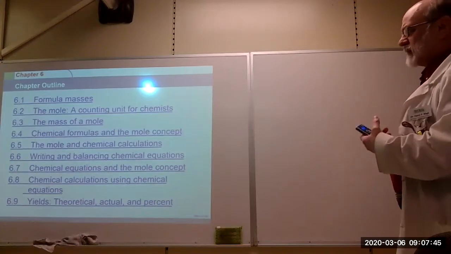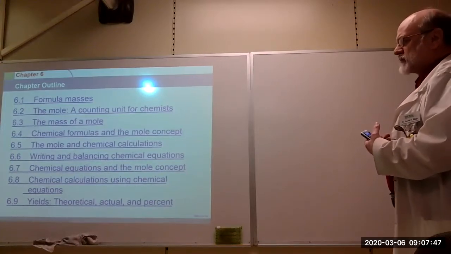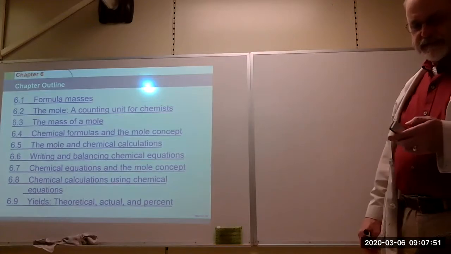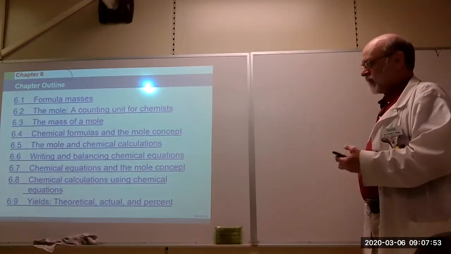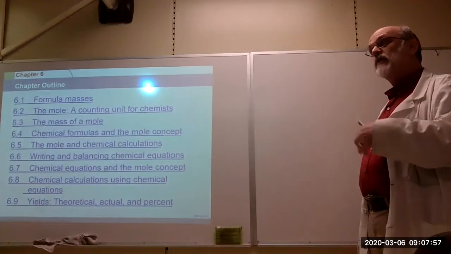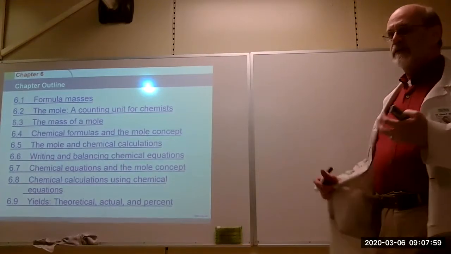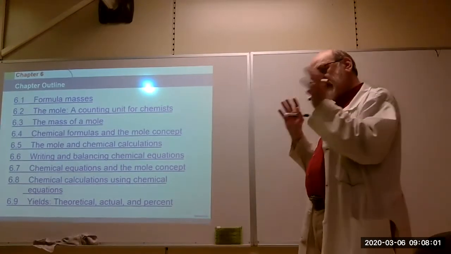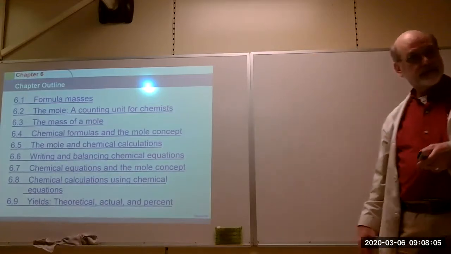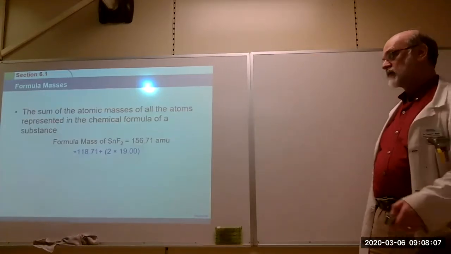So at this point, we're going to start getting into the mechanics of chemistry. And by that, I mean building the skill set so that we can actually do calculations to determine, all right, if we put these two things together in these amounts, how much do we get out on the other side? So these skills are aimed at that.